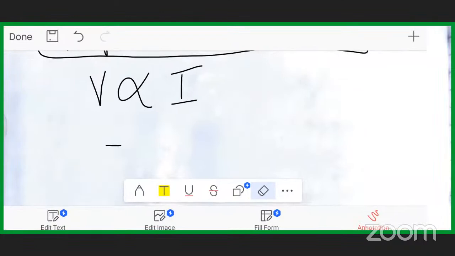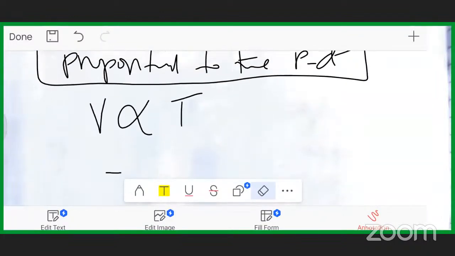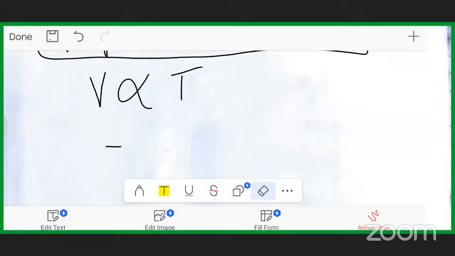So V is proportional to I. That is the relationship that Ohm is giving us. V is directly proportional to I, the current.